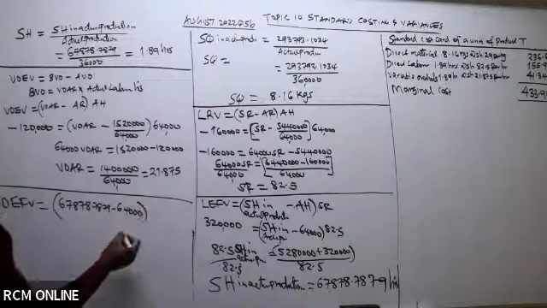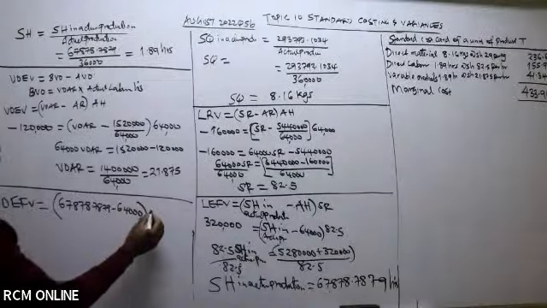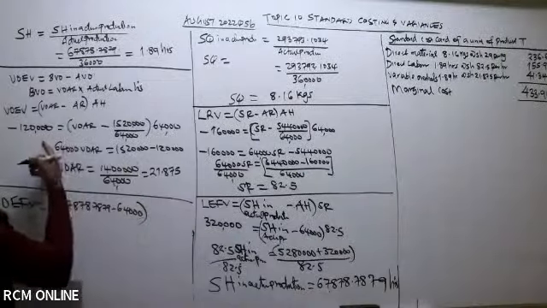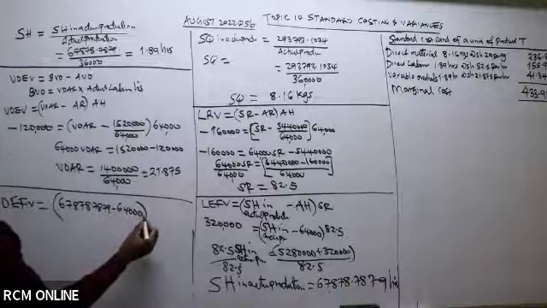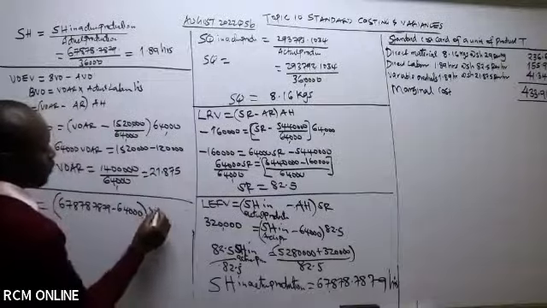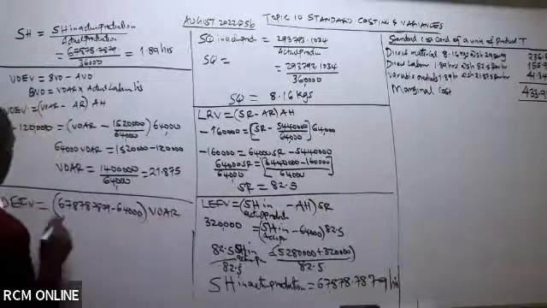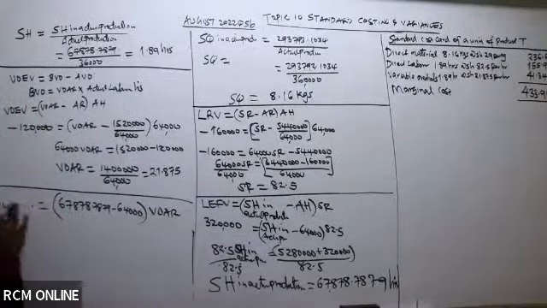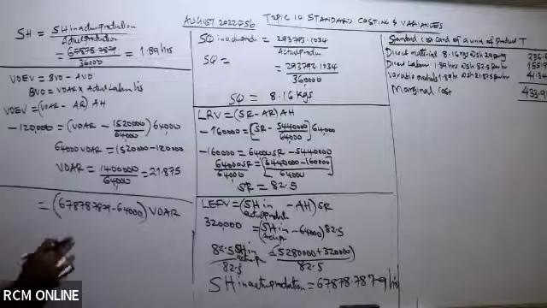Then we divide by standard rate. For the variable overhead efficiency variance, the standard rate is the same as the variable overhead absorption rate, which is the unknown.